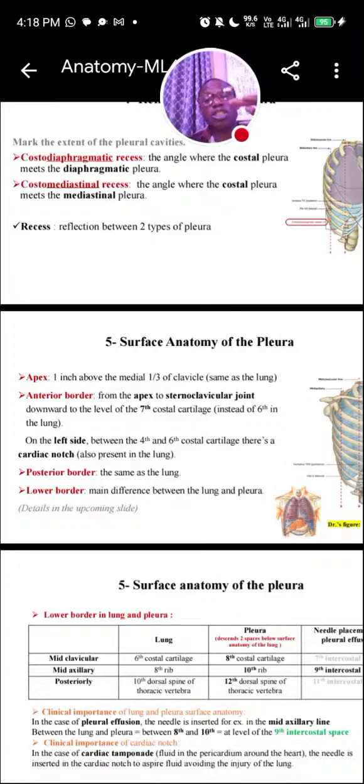See how it is based on 2, so it's not something you cram. This one is 7, 8, 9, 10, 11, 12. Again, 7, 8, 9, 10, 11, 12. The 7th intercostal space is where you insert the needle to extract fluid or air from the pleural sac, on the lower border of the pleura.